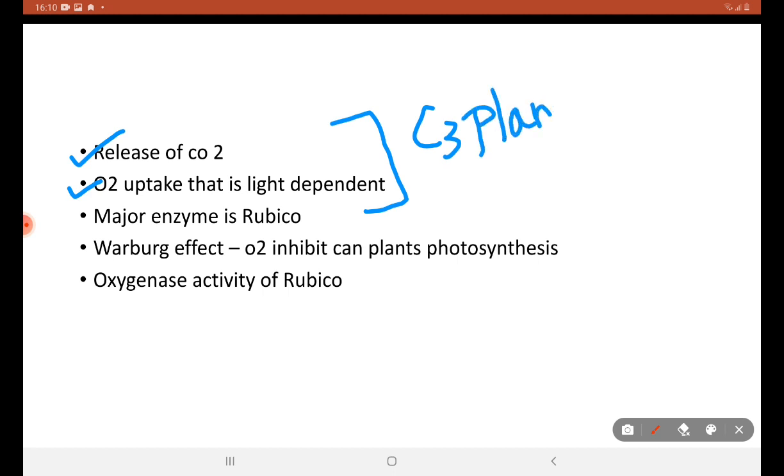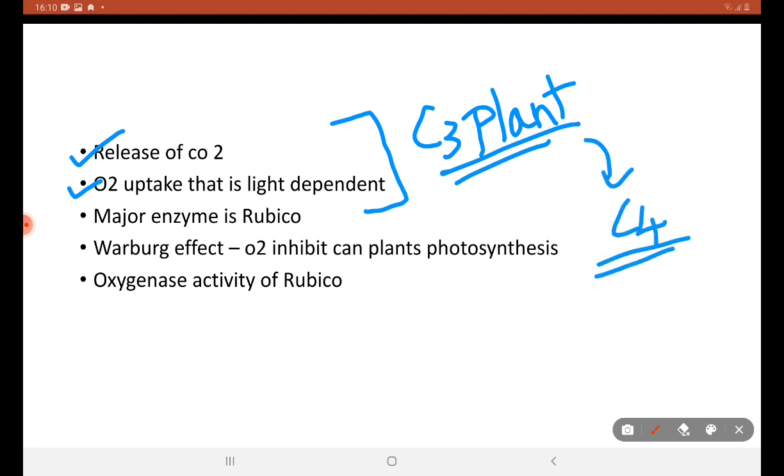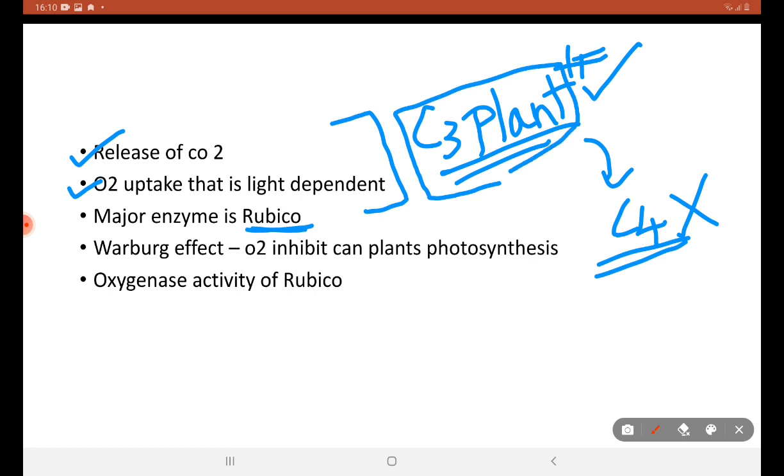It is not seen in C4 plants because C4 plants undergo a carbon dioxide enrichment pathway. The major enzyme involved is Rubisco. This is an important previous year question in CSIR: it is seen in C3 and not in C4.